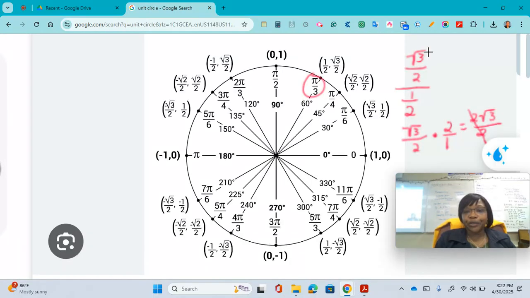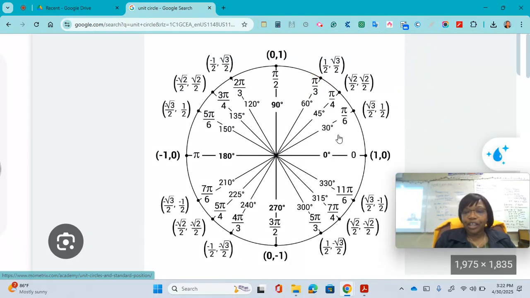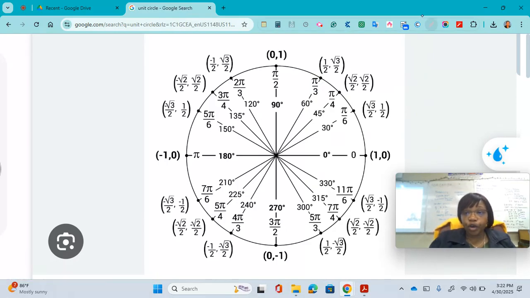Our x value is negative square root 2 over 2 at 3 pi over 4 and 5 pi over 4. We are not restricting the domain on this one. We're going from 0 to 2 pi. Remember, we usually restrict the domain.